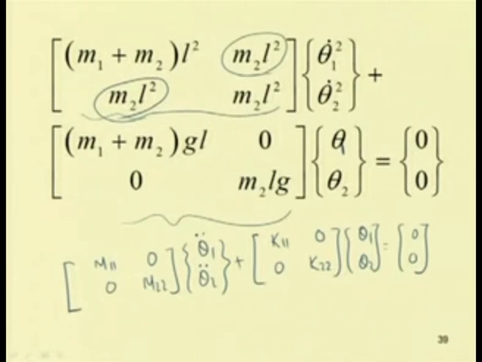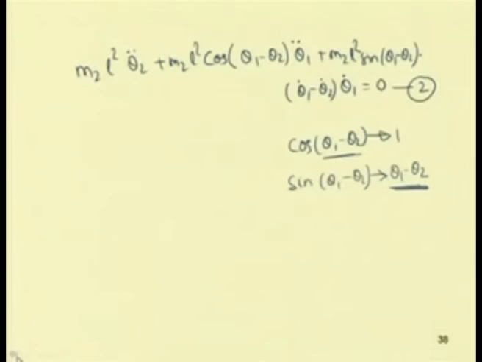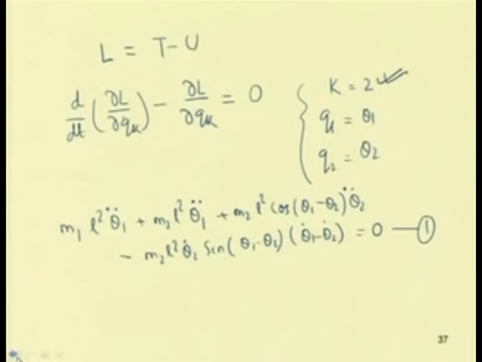So, this is for a linear system, but actually if theta is not small, then we can have a different equation of motion. In this case one can write this equation in this form.